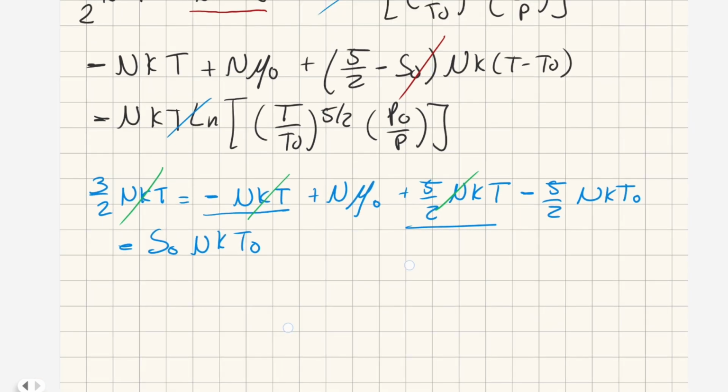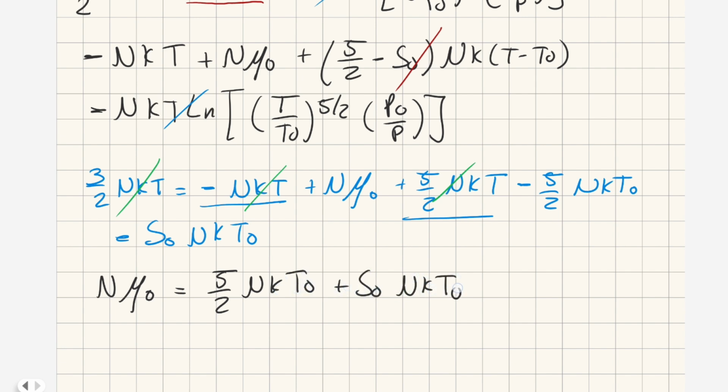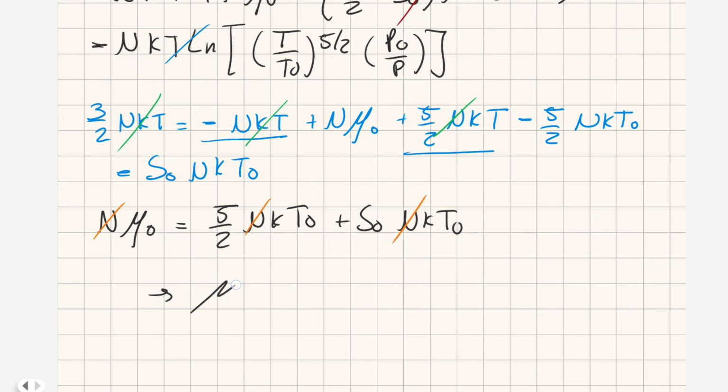And then we can say that nμ0 is equal to (5/2)nkT0 plus S0 nkT0. From here, we cancel the n's to get that μ0 is equal to kT0 times (5/2 + S0).